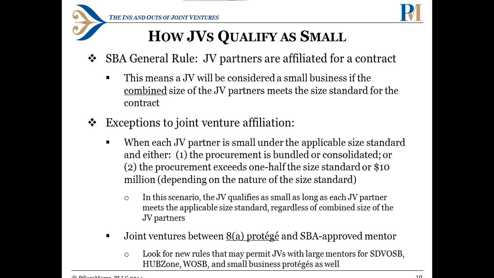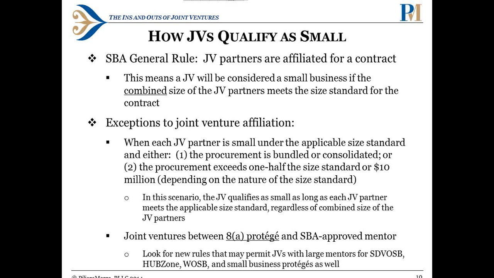For service contracts, so for contracts carrying a NAICS code that's revenue-based, if the government estimate on the procurement exceeds 1/2 of the size standard, then that contract is eligible for this exemption. If it's a people code or a manufacturing code, then if the government estimate on the contract is over $10 million, then that joint venture meets the exception.